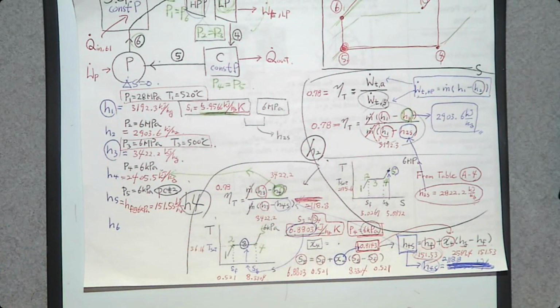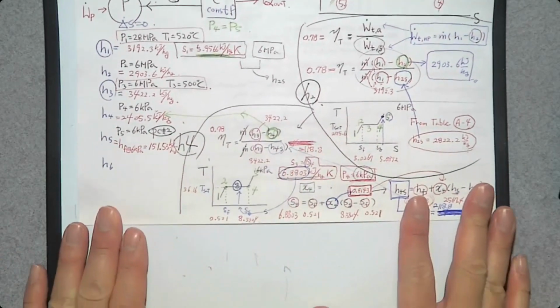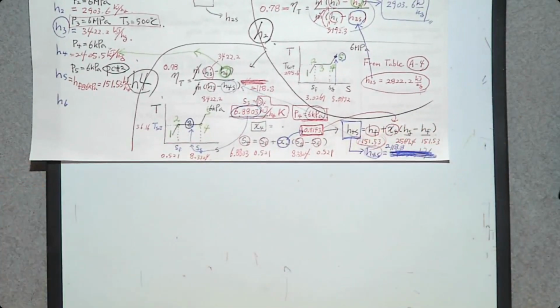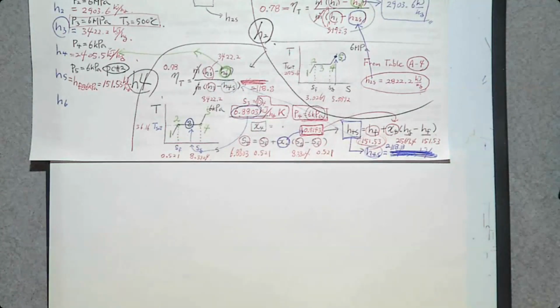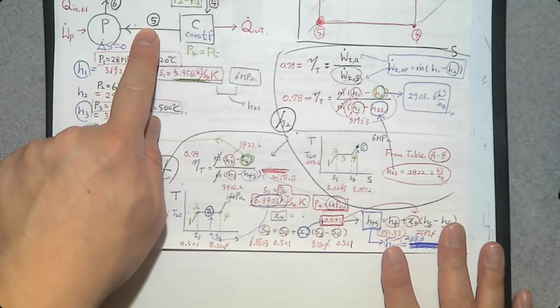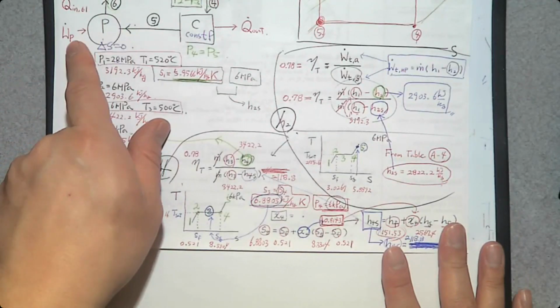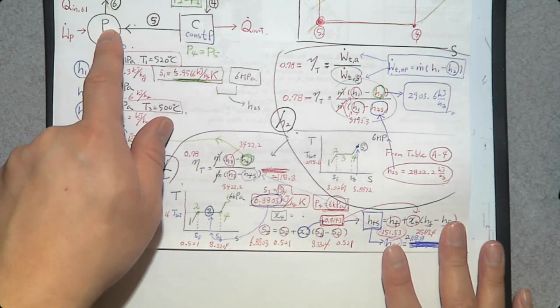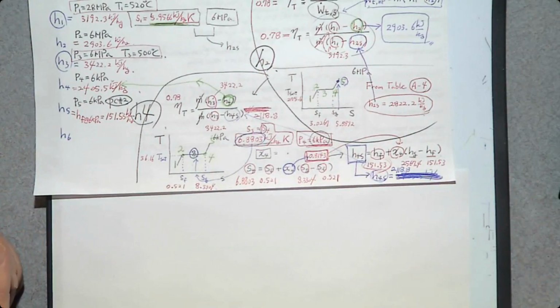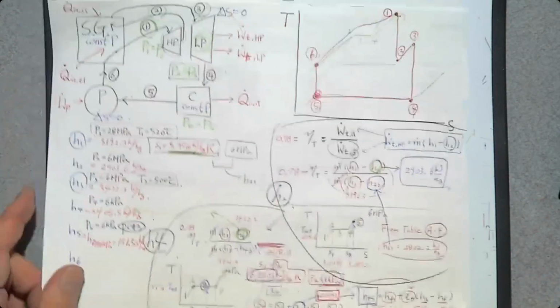Now H6. Unfortunately, I don't have space, so let me use another paper. So let's look at this H5. H5 is the inlet of the pump. So we have a pumping power goes in, and the exit is number 6. What is the pressure?